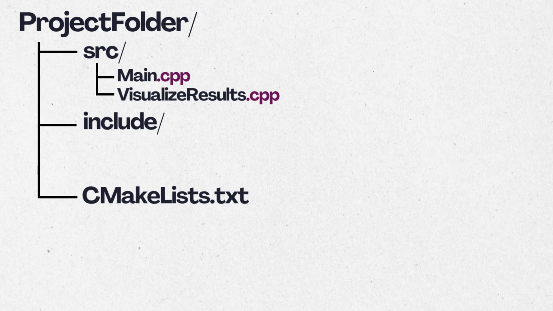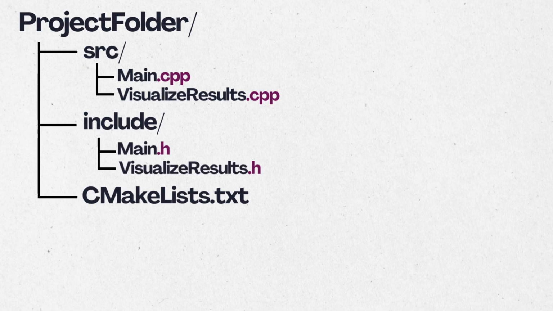So it contains all the conditions, all the ifs, all the things that you want your program to do. And then you might have a folder called include, which usually contains the header files, the .h files, which have the declarations of all the functions and all the variables.